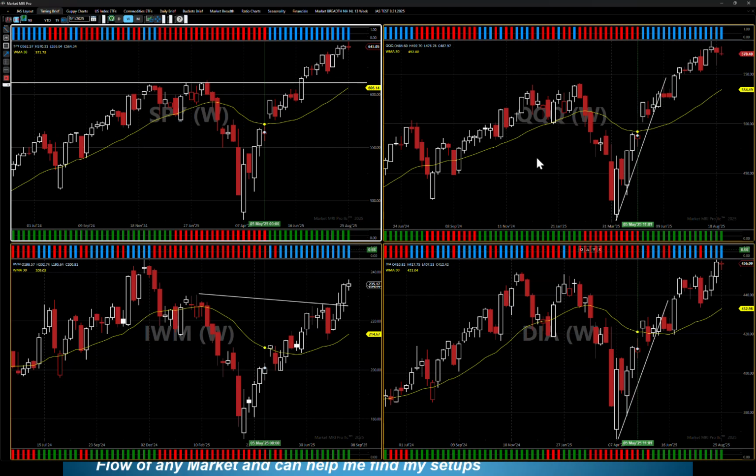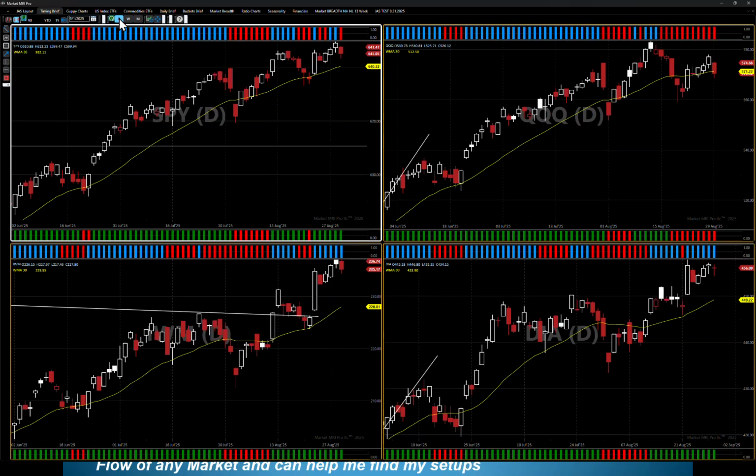That's the dominant trend. But I have to look at the daily trend because the daily trend really controls short-term movements. And in a perfect market, the daily will be green and the weekly is green. That is a pretty deep market. That is my favorite market, when everything is green.